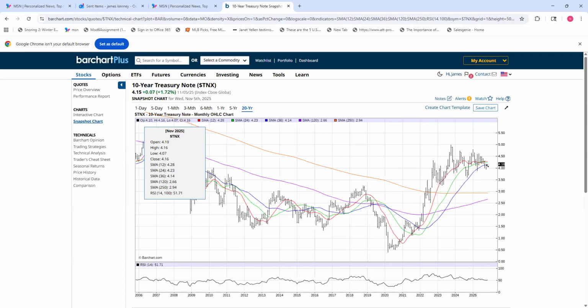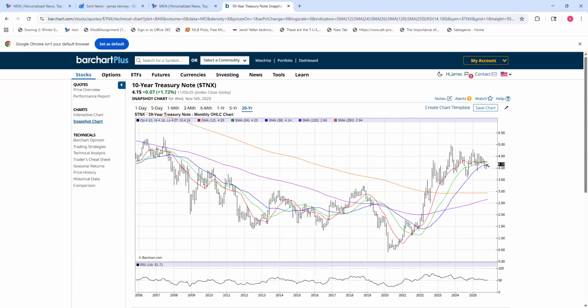And notice these moving averages haven't crossed and they haven't pointed down. So I think it can go to 3% interest, no doubt about it. But it's not going to do that unless it breaks 3.88, which is the lows from April. And can you see they just tried to do that and they failed?